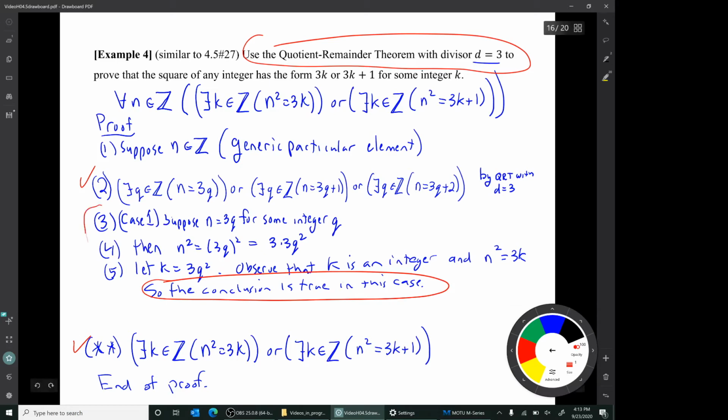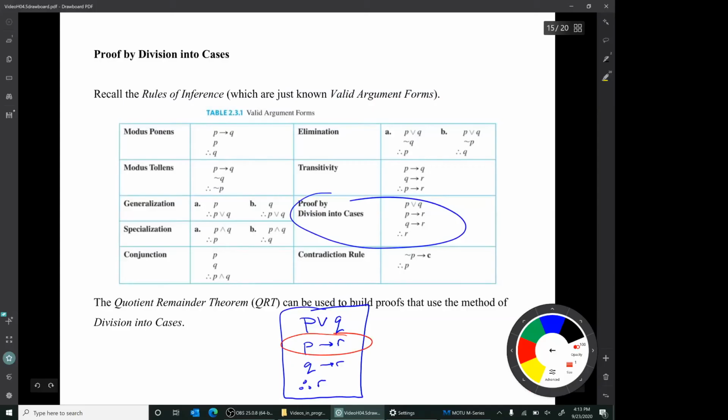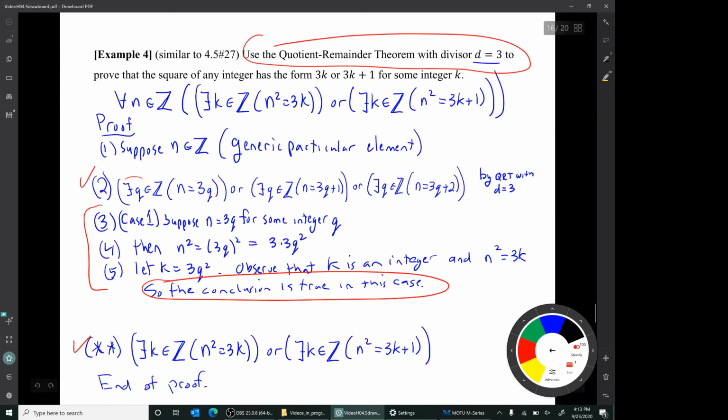So these steps, 3, 4, and 5, amount to one of those. We've done one of our if-thens. That is, we've shown that if this is the one that's true, then the conclusion is true. So we've taken care of case 1. Now we need some more room because we need to do the other 2 cases. I'll insert some more space and move the conclusion down to the next page.